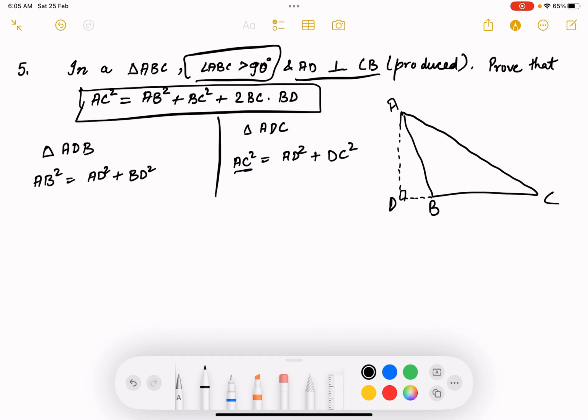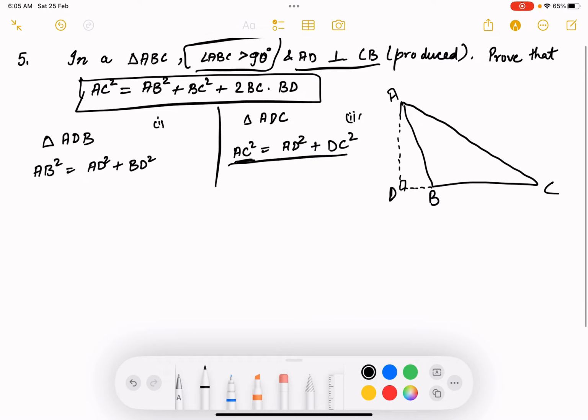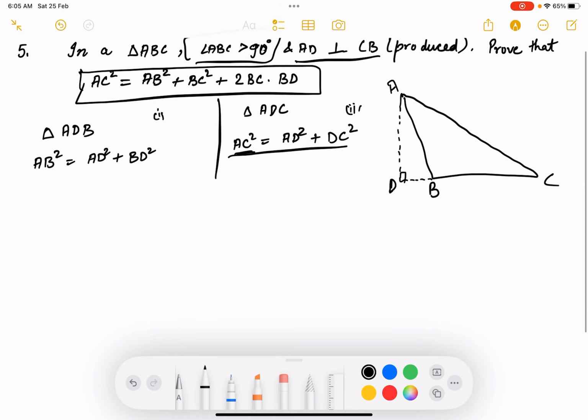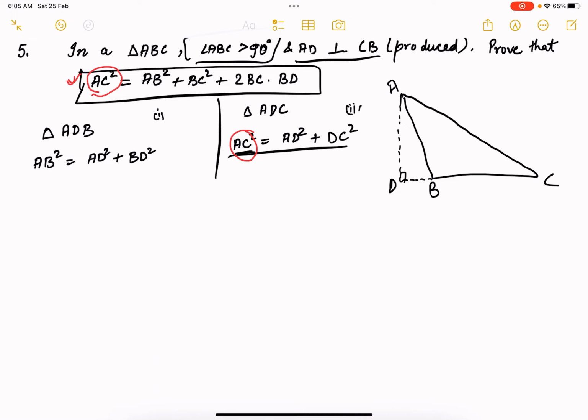Let this be equation 2 and this be equation 1. Why are we taking equation 2? Because we want AC in our final result, so we'll continue with it.